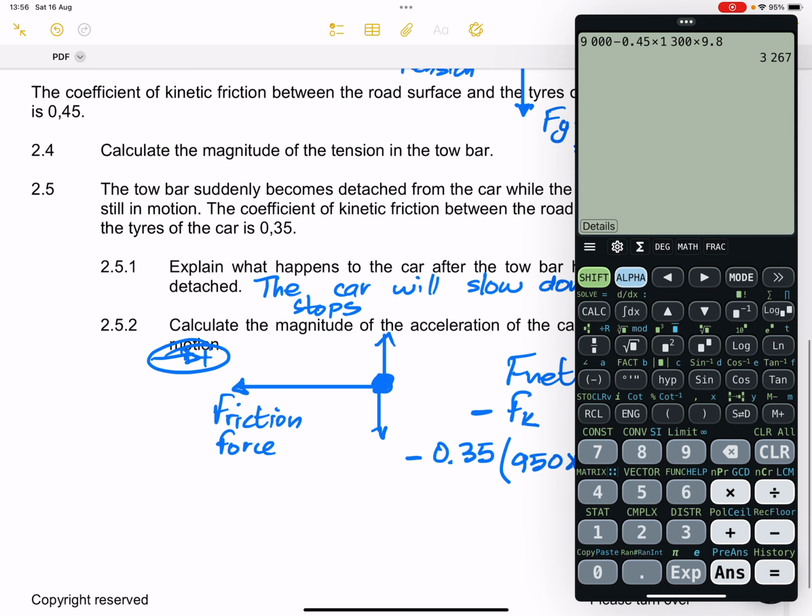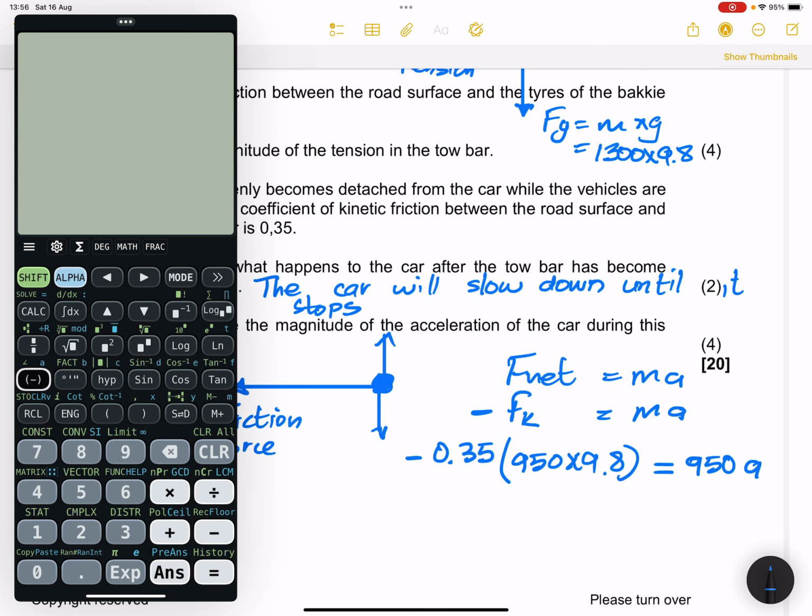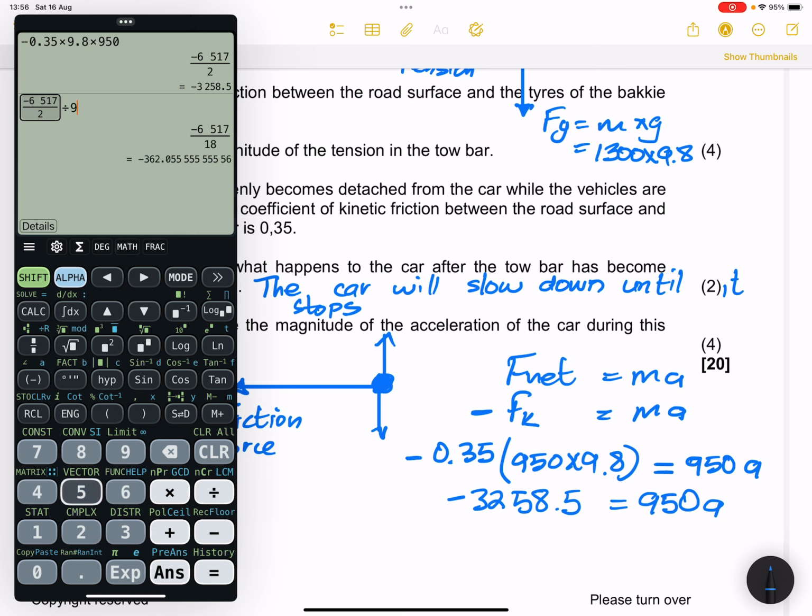Let's quickly have a look at it. That's negative 0.35 times 9.8 times 950, and I get negative 3258.5, which is equal to 950 A. And if I divide that by 950, I get A, the acceleration, to be negative 3.43 meters per second squared.